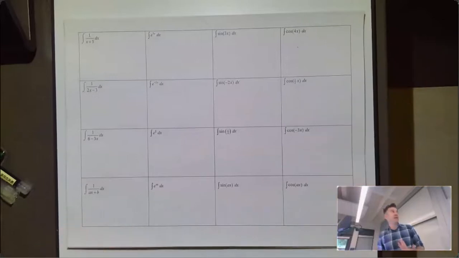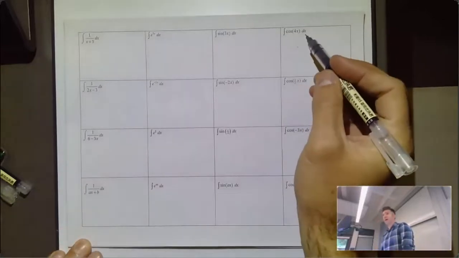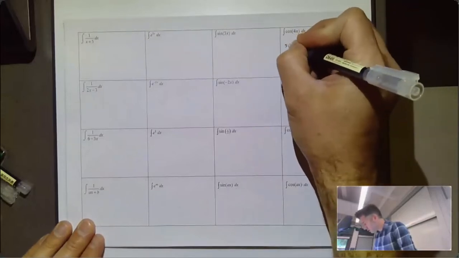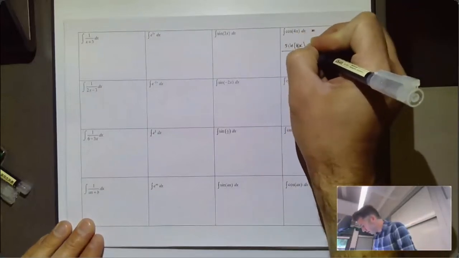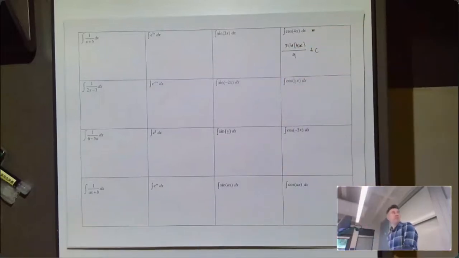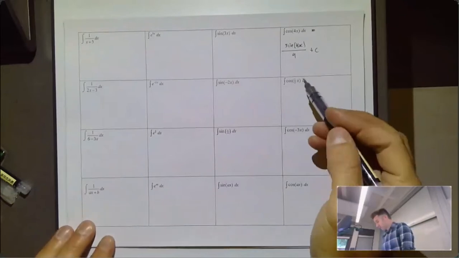We've done some of these already. The integral of cosine 4x we know is going to be sine of 4x divided by 4 plus a constant. Because the derivative would be cosine of 4x times 4 divided by 4, and the 4s cancel. The same thing's going to work for each of these.